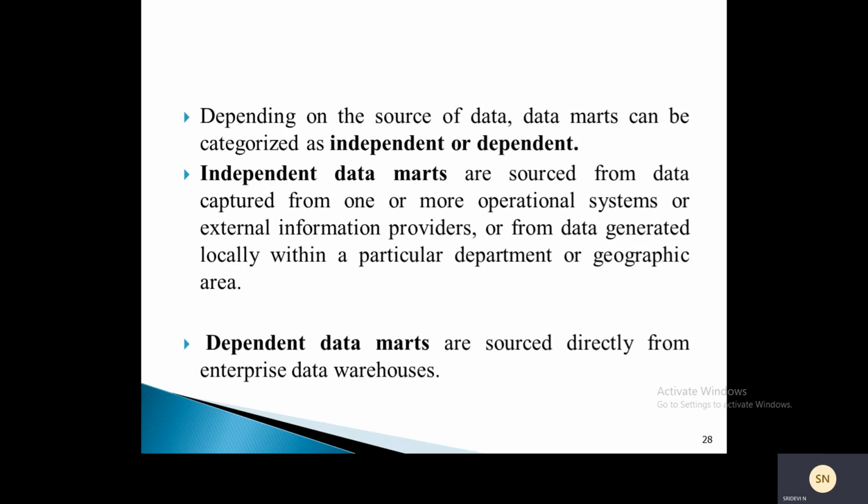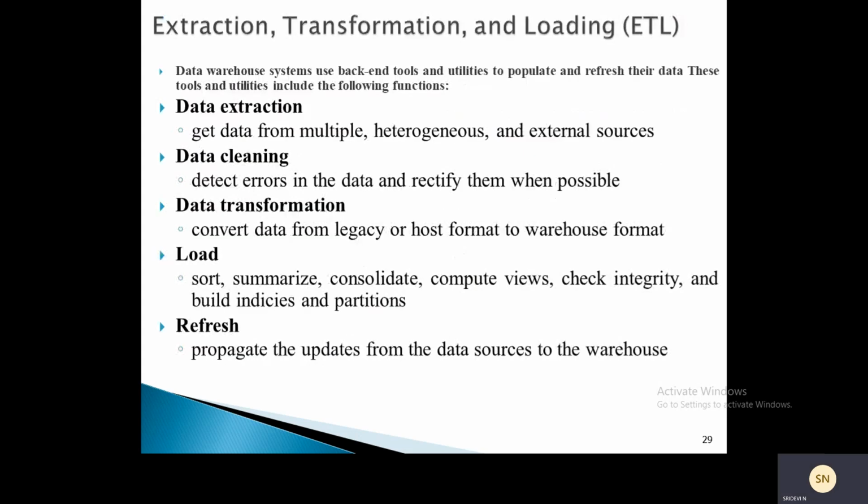So if we look into the back-end tools and utilities which are used in the data warehouse, they include the following functions. As we have seen in the architecture, we have tools and utilities.